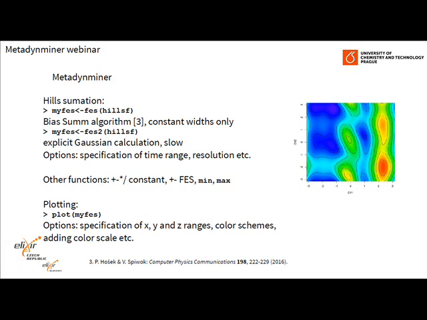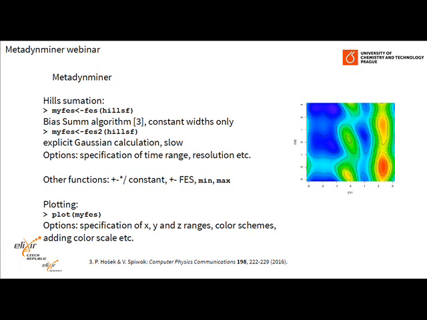So, for example, if you have some free energy surface and you want to change it to start from 0, from the global minimum, you simply type the name of the free energy surface minus the function min with the same argument, and this will convert it to a free energy surface starting from 0.